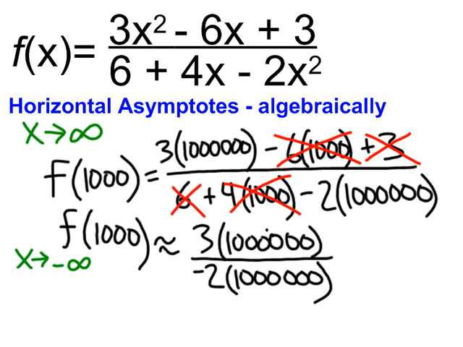And now I'm looking at that and thinking, I can just cross this million on top and this million on bottom, divide each other out, and I'm left with negative 3/2.